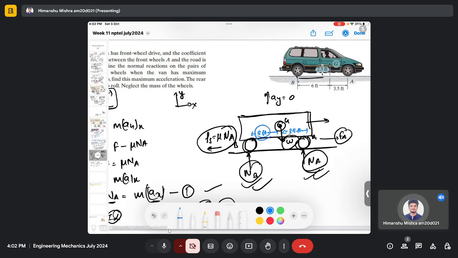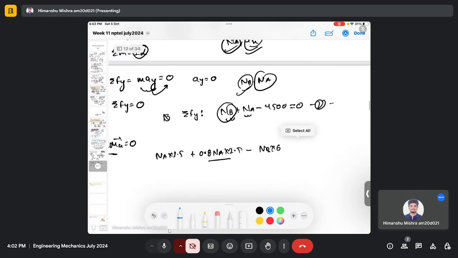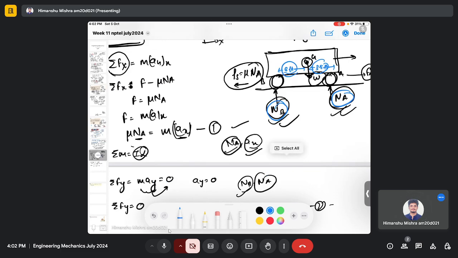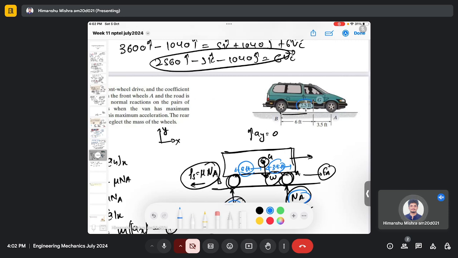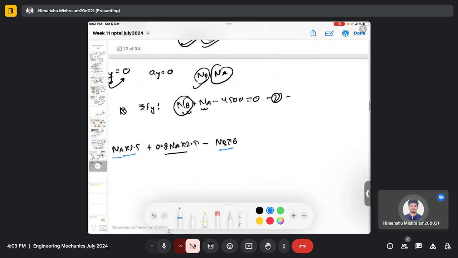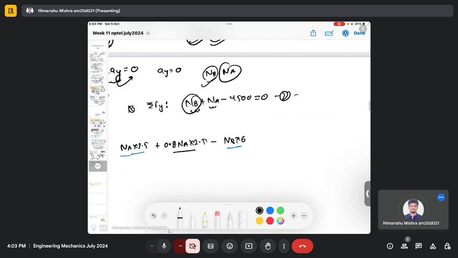So this is the perpendicular distance for Nb, and this is the perpendicular distance for Na: 3.5 Na, 6 Nb. And this is the perpendicular distance, 2.5, for force Fa. So this is the moment equation we will get, which is equal to 0, and this is equation 3.